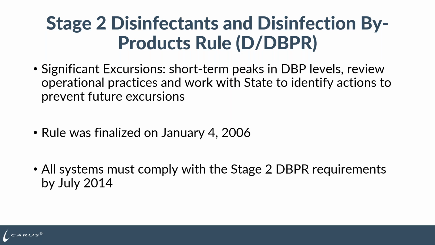Now, they're talking about a proposed new rule, and possibly the proposed rule will come out next year, but it's going to be the microbial and disinfection byproducts rule. It'll be an update to the stage 1 and stage 2 rule. It'll add some other stuff on the microbial side of things. Right now we haven't seen anything on it, but they're talking about it, and that proposed rule would come out next year as a proposal.